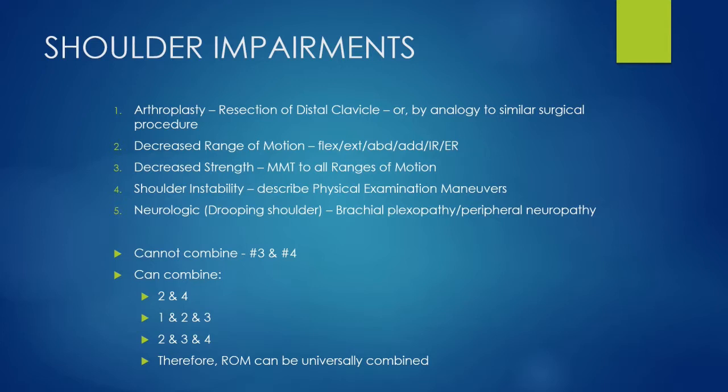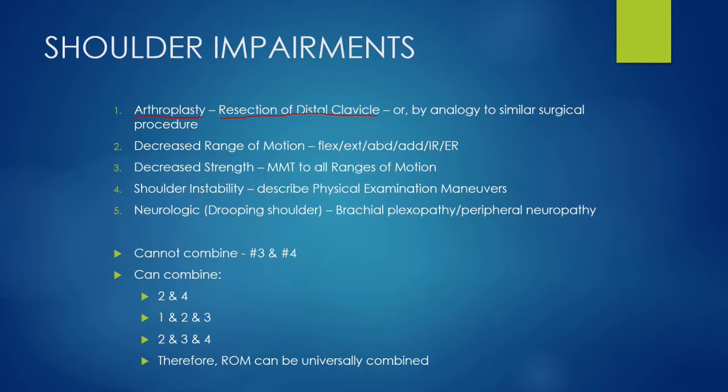So one of the impairment ratings that are described by the AMA guides involves shoulder arthroplasty. And the AMA guides refer specifically to resection of the distal clavicle. So resection of the distal clavicle is the only shoulder surgical procedure that's described in the AMA guides. And the AMA guides specifically provide for permanent impairment for this particular procedure.